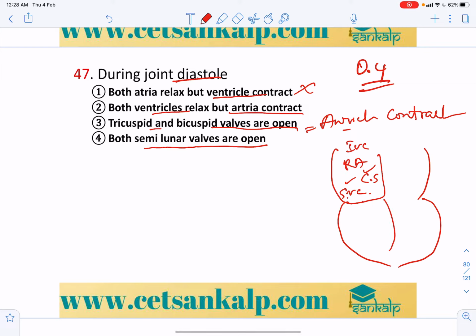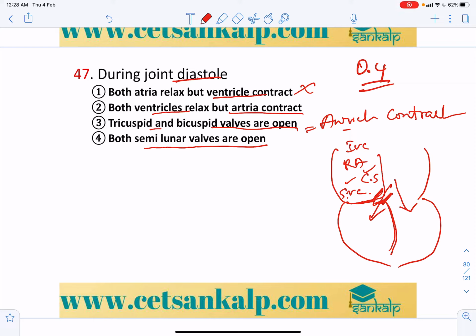And these semilunar valves, generally during joint diastole, when the semilunar valve opens, there will be a backflow, right? So during the contraction, the semilunar valve is going to close. We can't say that semilunar valves are open.